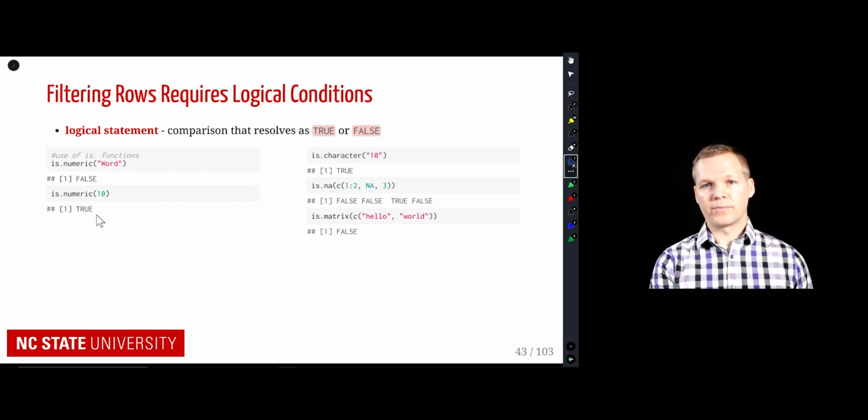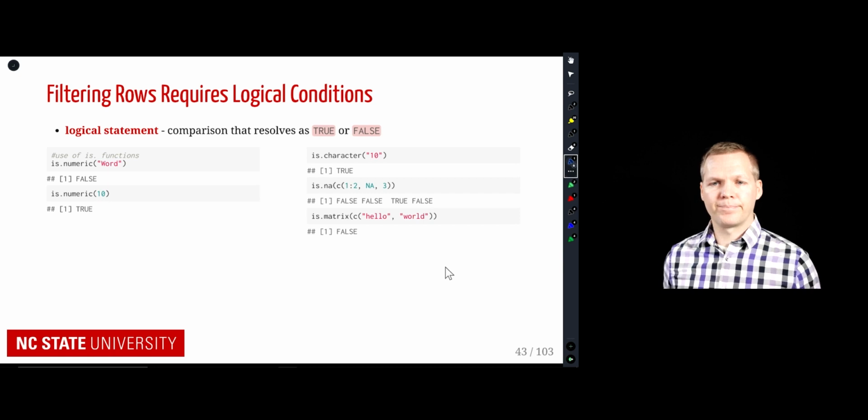Yes, that returns true. And so basically there is an is.dot function for most things that you would think of. Is.character, is.na. Remember that NA, and actually a capital NA, is the missing data indicator in R. So you can indicate which elements of things are missing. And then is.matrix, there's an is.data.frame. Those kinds of functions all exist.